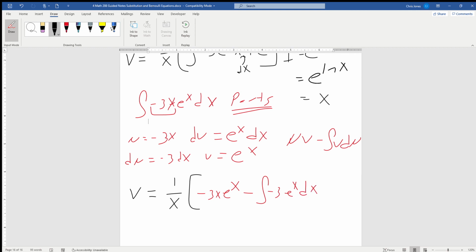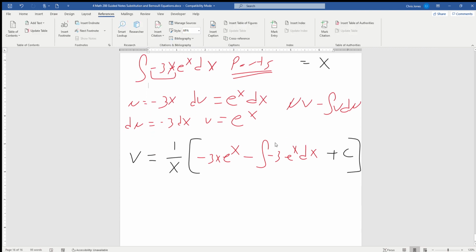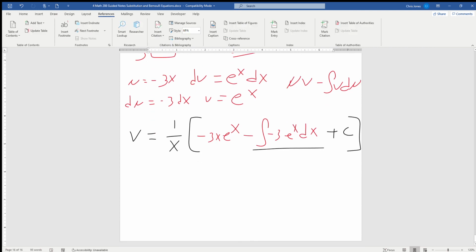And then we still have that plus c. And then finally, we just evaluate this integral which is left over, a really basic one that's just positive 3 e to the x. So our v is 1 over x, negative 3x e to the x, plus 3 e to the x plus c.